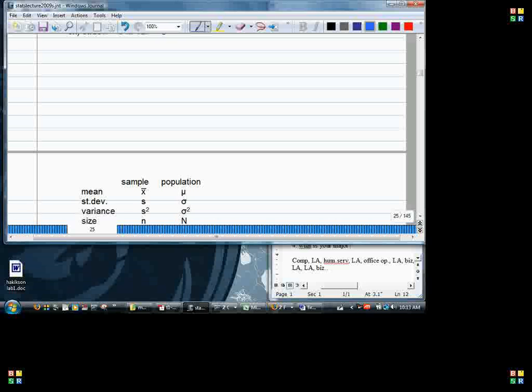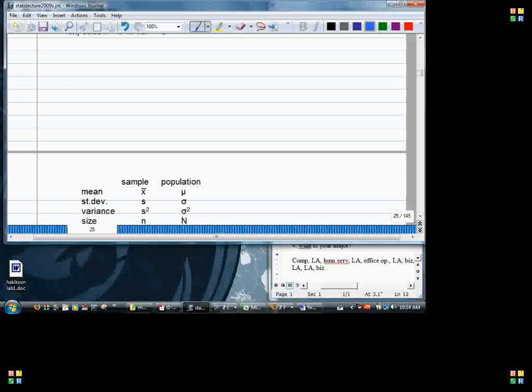Alright, now, aside from the fact that we're talking about a sample versus a population, why do we have these two different sets of notation for these things? Well, there's a really, really important philosophical distinction between getting a value from a sample as opposed to getting a value from a population. If I ask, what is the average age of BMCC students? If I go out and ask every single BMCC student, then that would be the population, and I've got the average, and that's it.